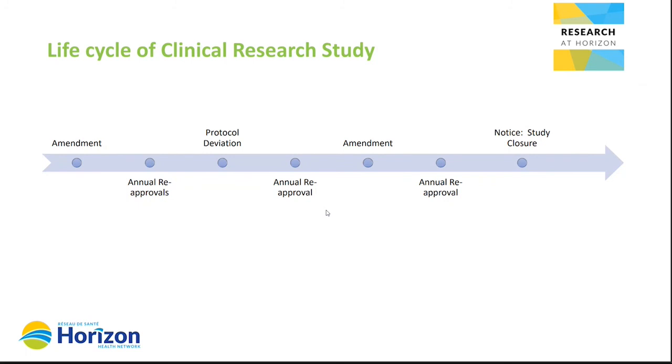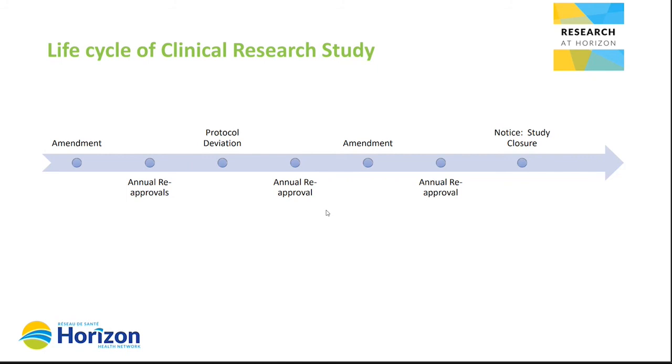As you know, throughout the course of a research study life cycle, changes happen to certain aspects of your study. You need to make changes to your study plan, and you need to report and update that information to the relevant people, the groups who may be affected by those changes.